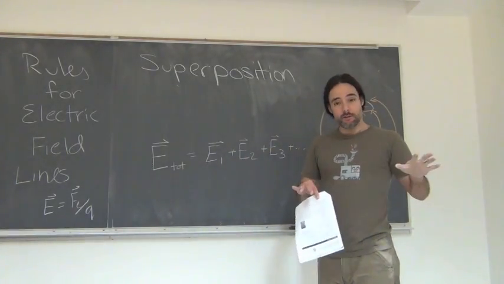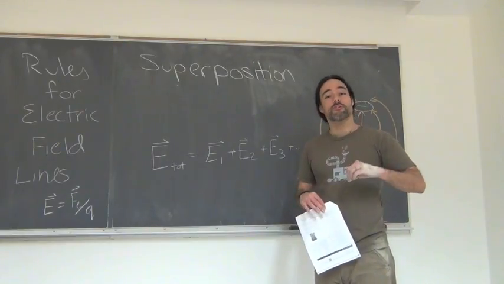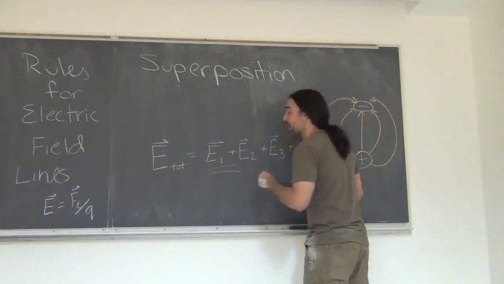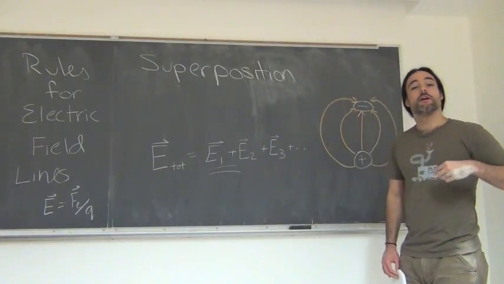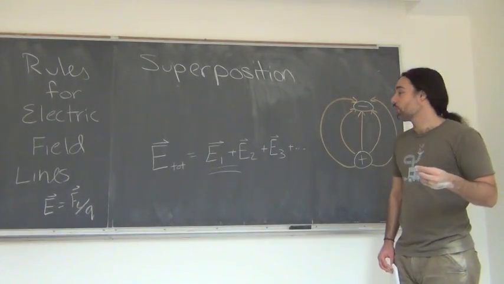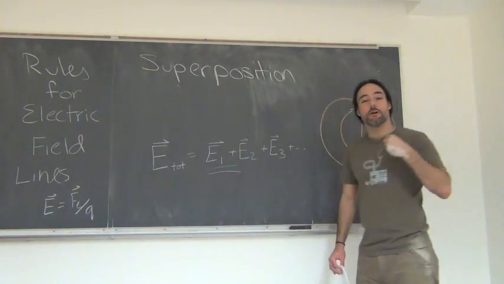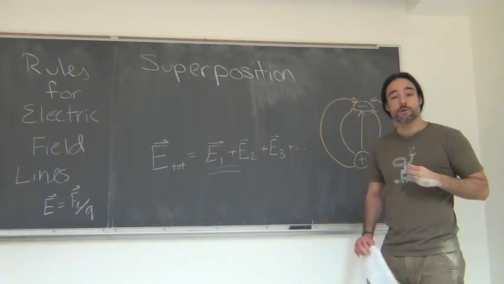It's a fairly simple concept, although there are some subtleties with it. But it basically just says if I take multiple electric fields, to get the total electric field, all I have to do is just add up the sum of all the individual electric fields.